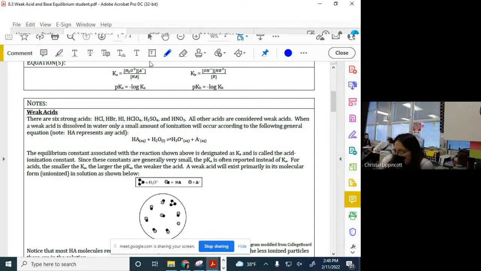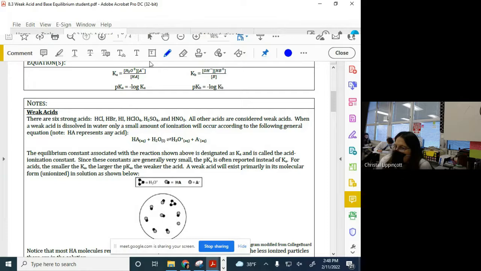In this chapter, we have a Ka and a Kb. If we have the item producing hydronium ions or H+ ions, then we need to use our Ka value. If we have it producing hydroxide ions, then we need to use a Kb value. We can then find something called pKa by taking the negative log of Ka.